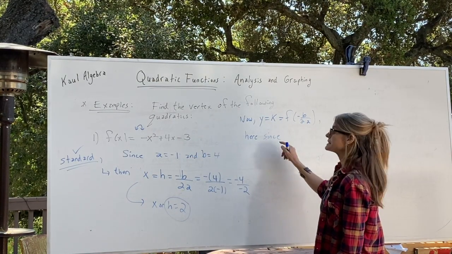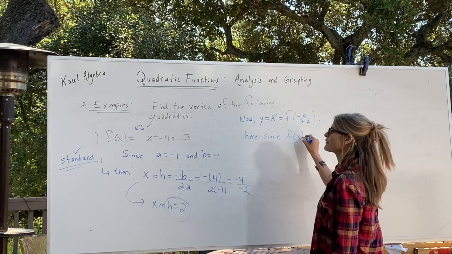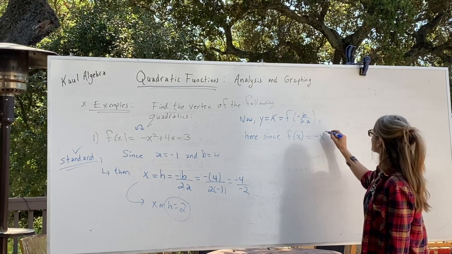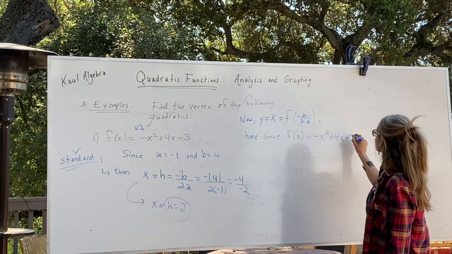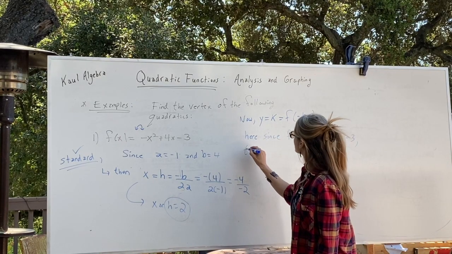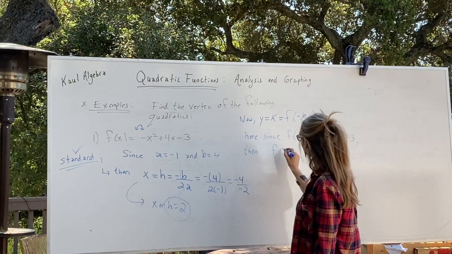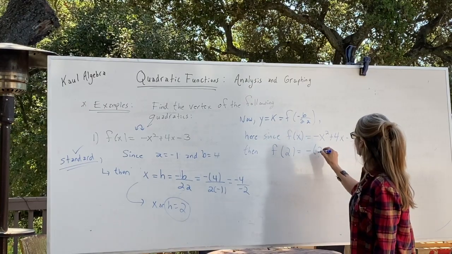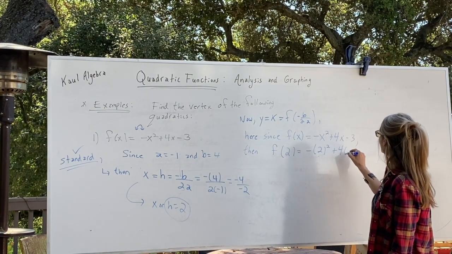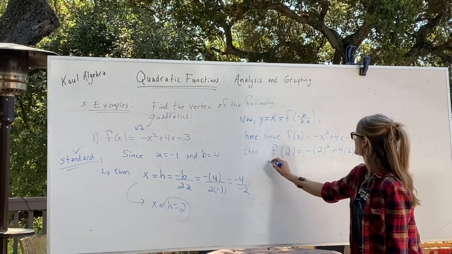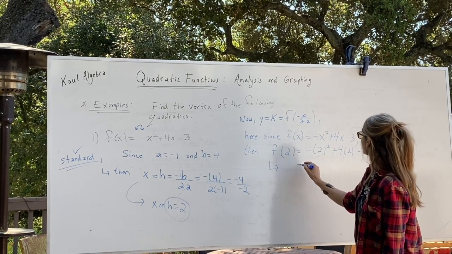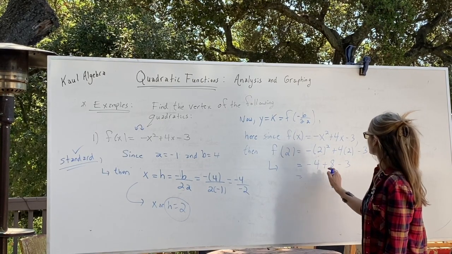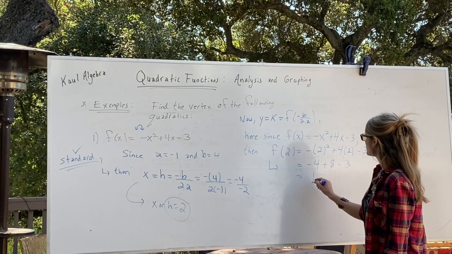I'm going to rewrite my function so I don't make any mistakes substituting: f of x equals minus x squared plus 4x minus 3. Then f of 2 will equal the opposite of 2 squared plus 4 times 2 minus 3, which equals the opposite of 4 plus 8 minus 3, which equals negative 4 plus 8 minus 3, which is 1.